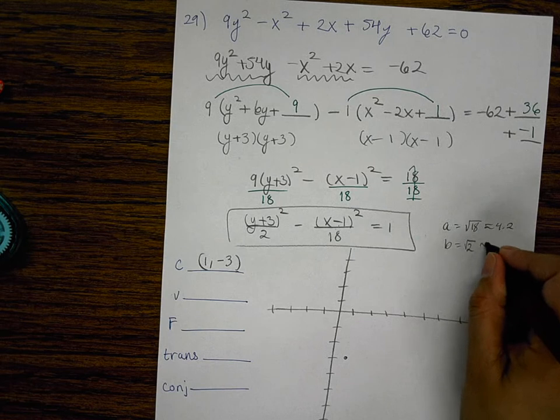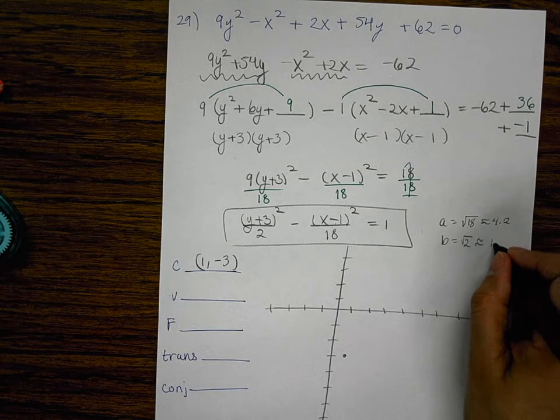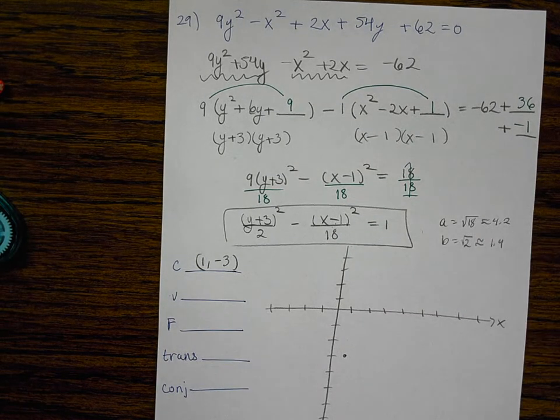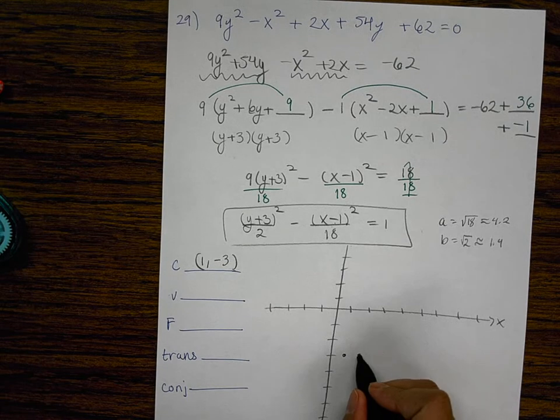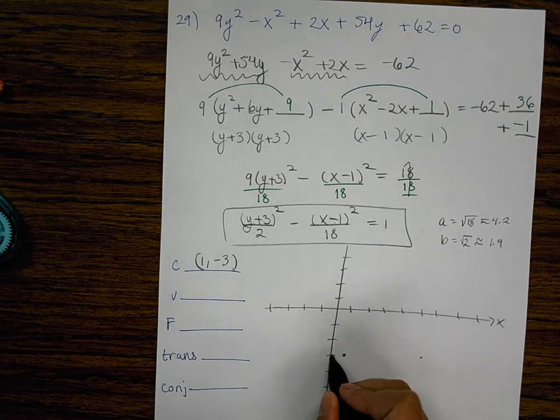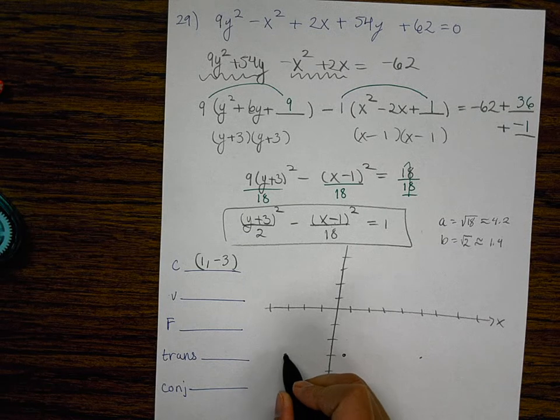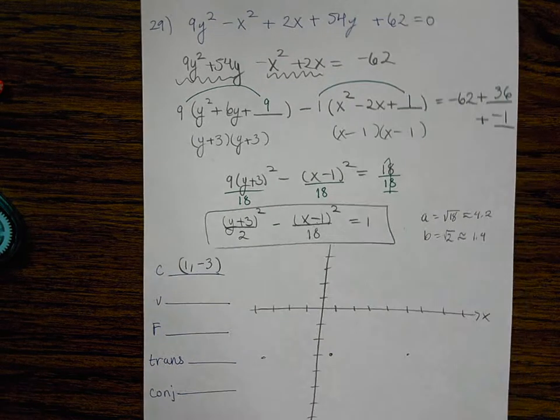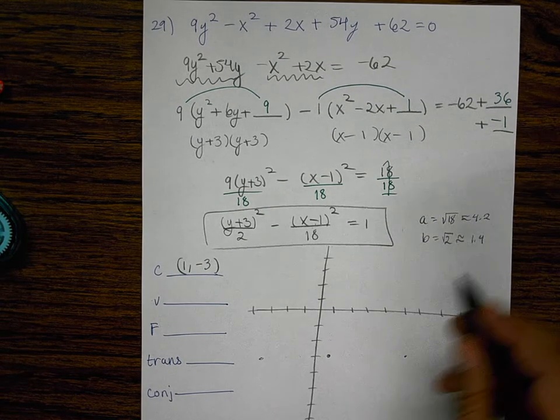And the square root of 2 is approximately 1.4. Okay, so I'm going to go right and left 4.2. 1, 2, 3, 4.2. And I'm going to go up and down 1.4.